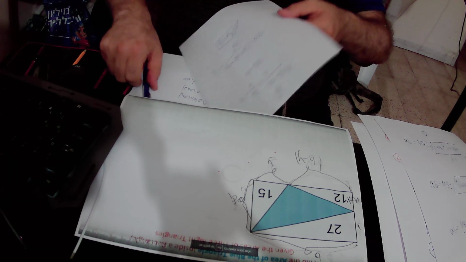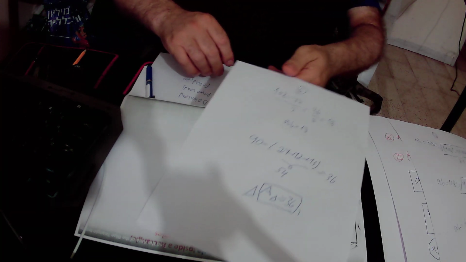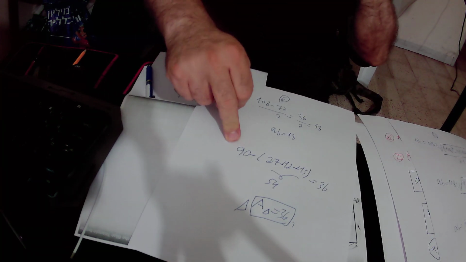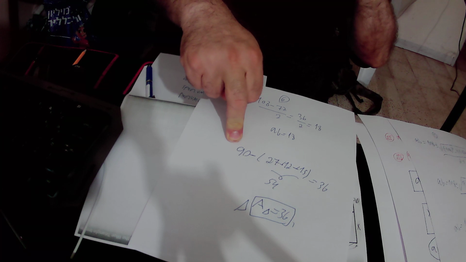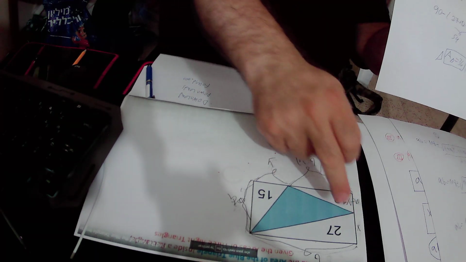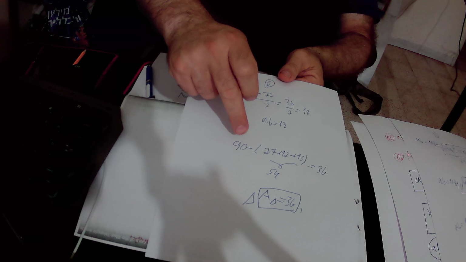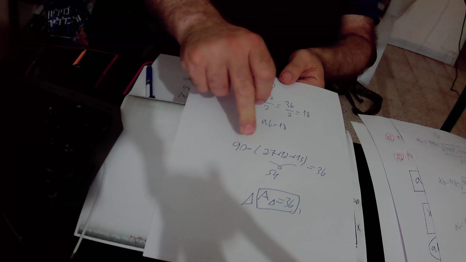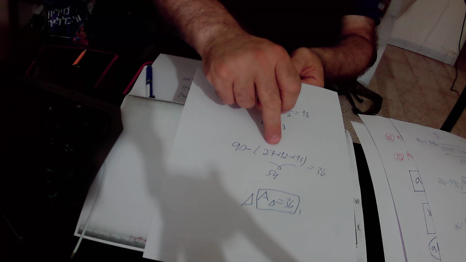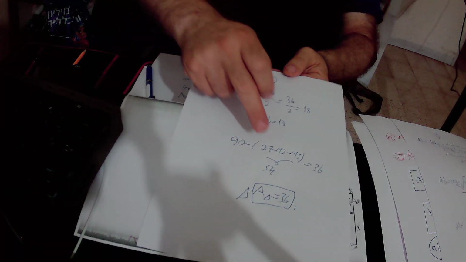Okay, as I already told you, the area of the rectangle minus the area of the three right triangles equals the area of the blue triangle. So the area of the rectangle is 90 units minus the sum of the areas of the three right triangles, which is 54.